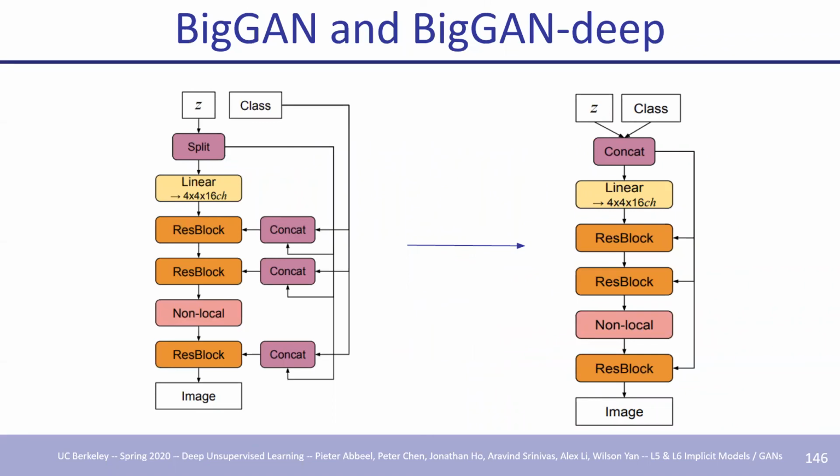Okay, and so there are two GANs, BigGAN and BigGAN-deep. And I think this slide just shows that before, the class had to be concatenated over and over again, but they figured out how to concatenate the data and send it over here instead of having to put the class into the data.